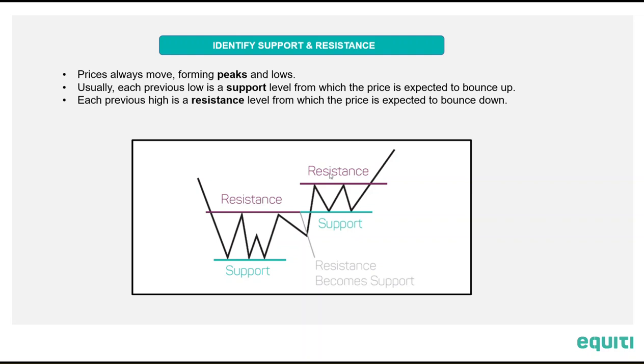Before that, I would like to mention that previous support levels can become resistance levels, and resistance levels can also become support levels. So here we have a support level, and as we went higher and broke the resistance level, and now we're here, this resistance level has turned into support, and we have a new resistance point.